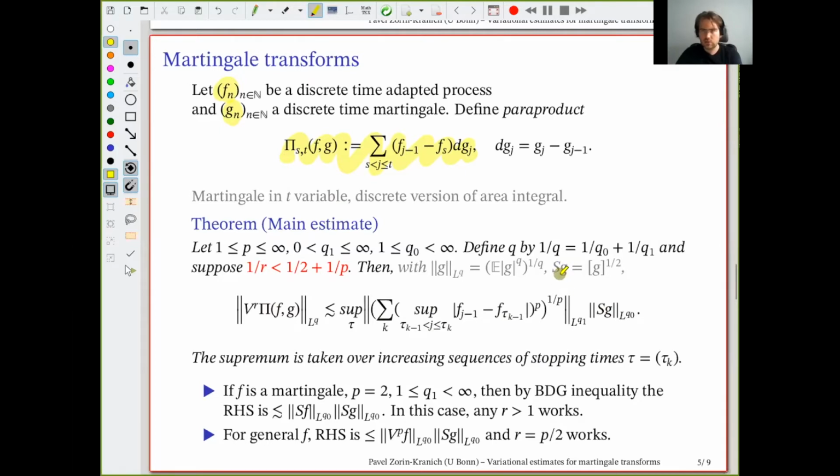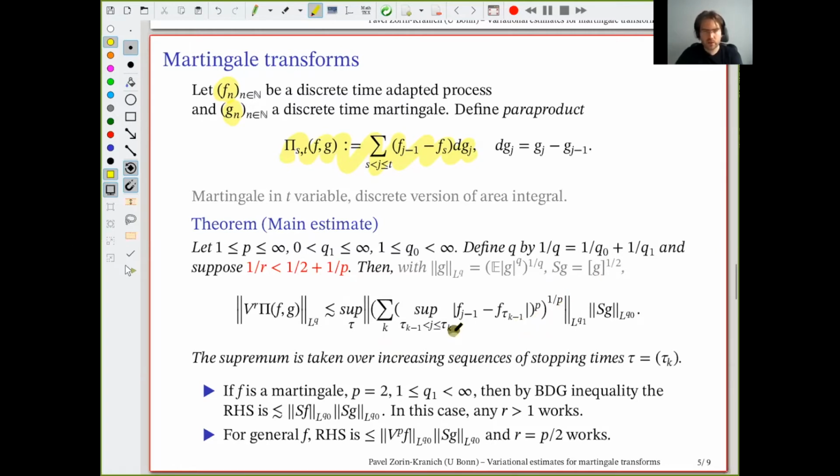You see my pointer, right? Okay, I assume that you see my pointer. So this is the square root of the square bracket. And this thing that depends on F is maybe a little bit more interesting.